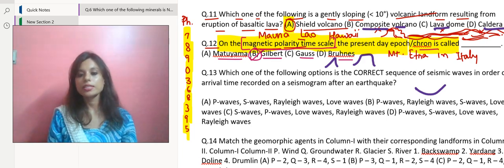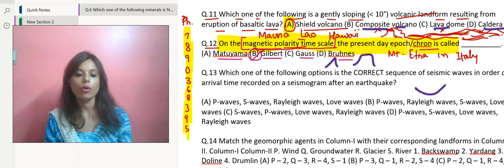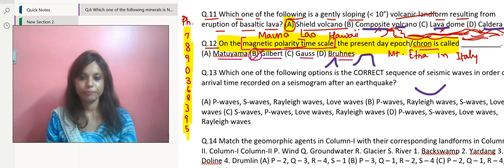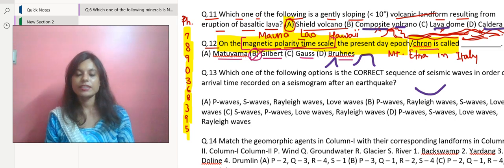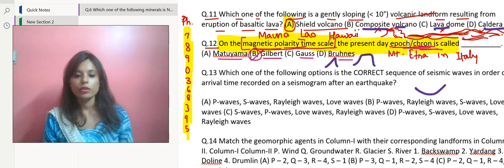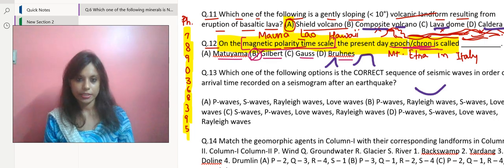And these reversals are recorded in the rocks on the ocean floor, where the Earth's magnetic field has left a record of its polarity in the form of magnetic stripes. Here we can say the time scale is divided into several epochs or chrons, as already mentioned, and each has been named after a notable reversal event.